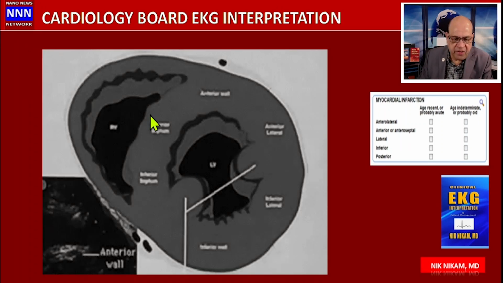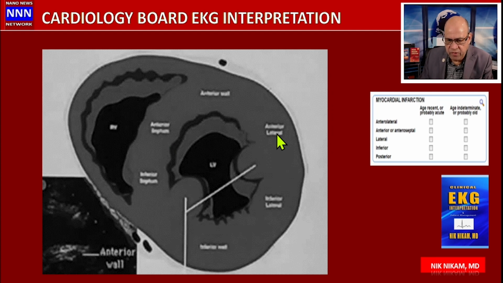If you look at the echocardiogram, it gives you a visualization of what we are talking about. Here we have the anterior wall, which is usually reflected in V1 and V2. When you have the anteroseptal region, the anterior and the septum, we have V1 to V4.